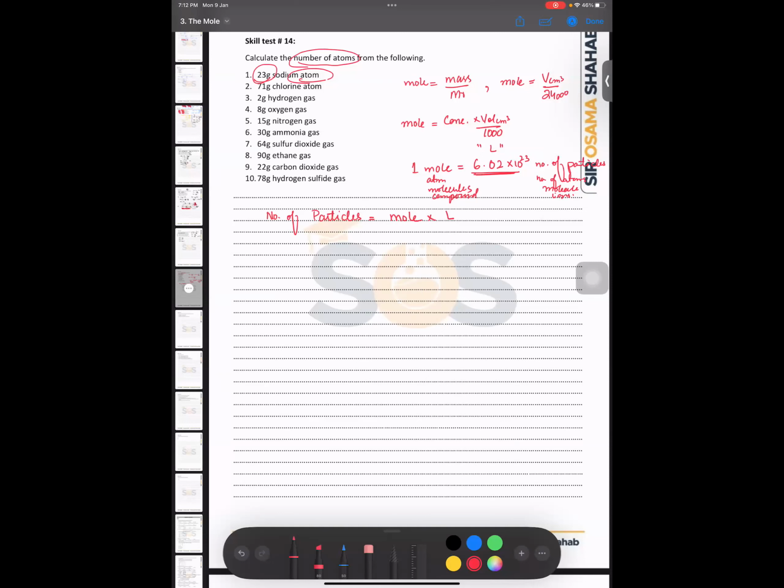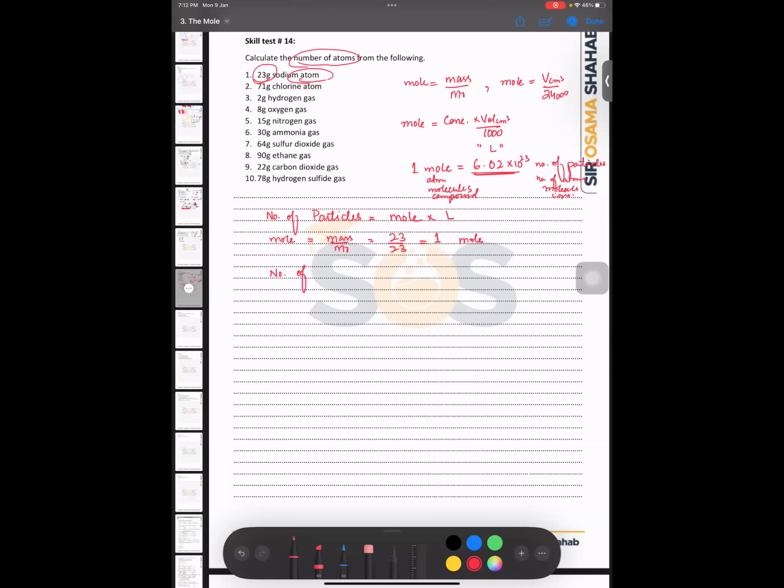So the simple way is this. We need to find out the moles of these sodium atoms. So it will be mass over Mr. If you have 23 gram mass and the Mr of sodium is also 23, it will give you 1 mole of this. If you have 1 mole, you can simply find out the number of particles.